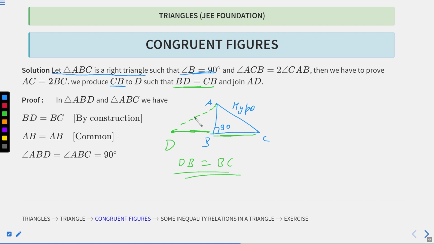If you see in the two triangles, triangle ABD and triangle ABC, BD and BC are equal in length because of the construction. AB is common, and this angle is common. So using side angle side, I can say that both triangles we took are congruent.